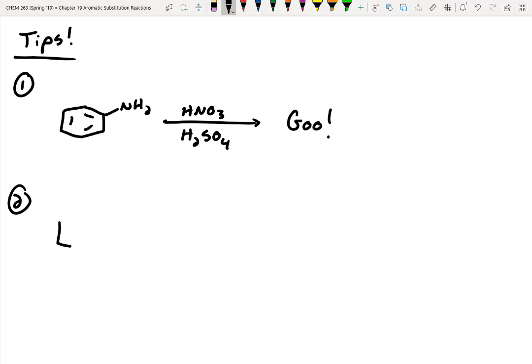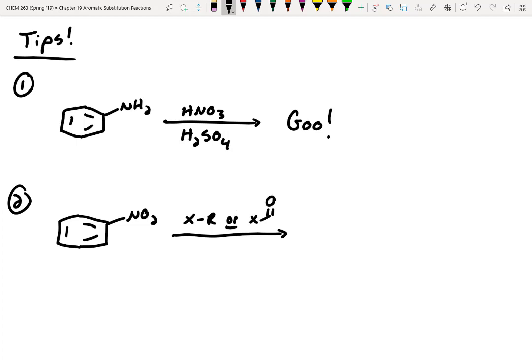Number 2, that's important to remember, is with Friedel-Crafts reactions like this. What's the problem with this?